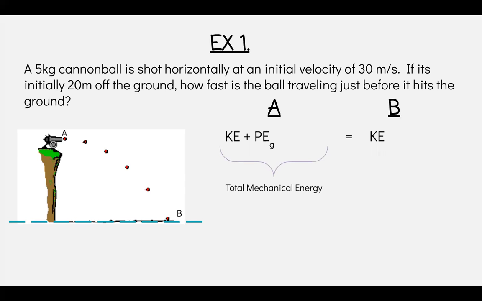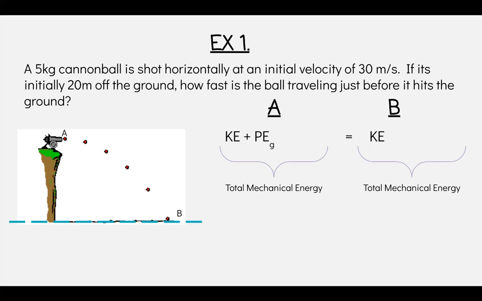Now, at A, the total mechanical energy is kinetic plus potential. And at B, it's all kinetic. There we go. And I don't have enough to solve for B yet. Since I don't know the speed at point B, I can't calculate it yet.